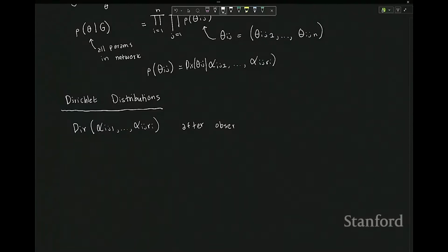And when we observe new data, we just update the counts. So after observations, we would have these counts added in.